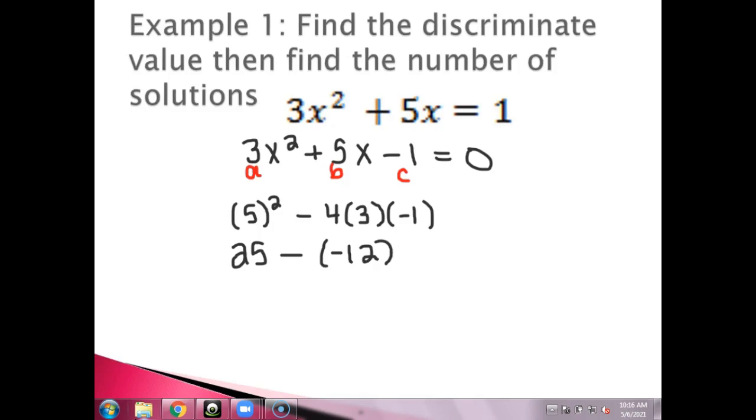So I get a negative and a negative, which is really like a positive. So it's 25 plus 12, or 37. The discriminant is now positive, so that implies 2 real roots.